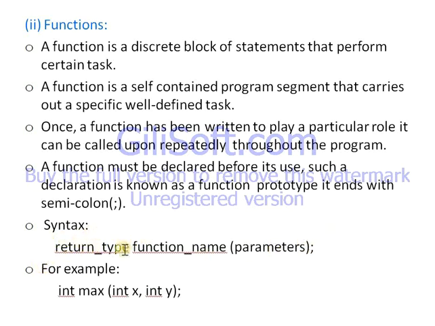First, you specify the return type, then you give the function name, and last are the parameters required for that function. Here you can pass the parameters. For example, max function is defined. The return type of that max function, I define the data type as integer. Here is the function name, and next the parameters, and the function parameters are separated by a comma.